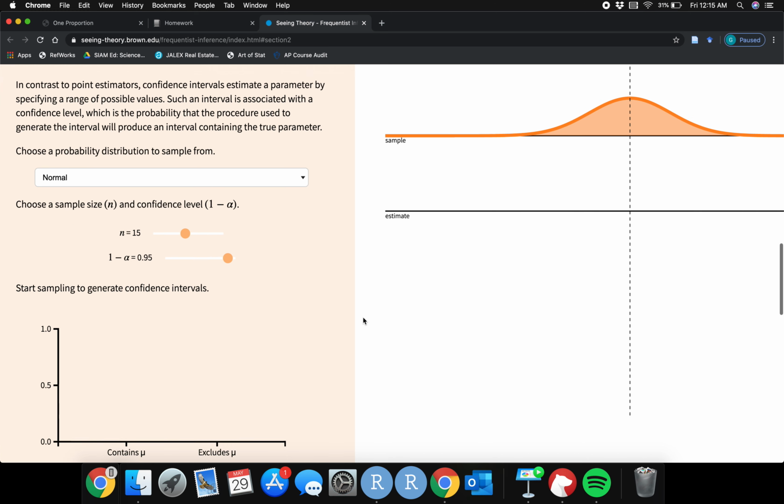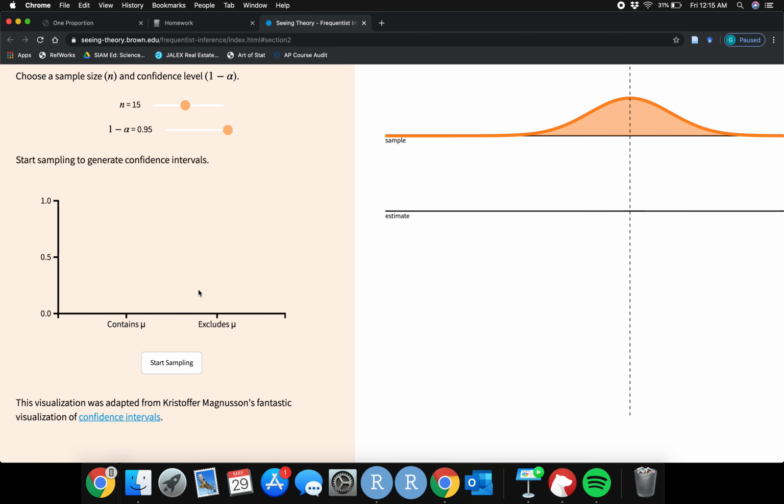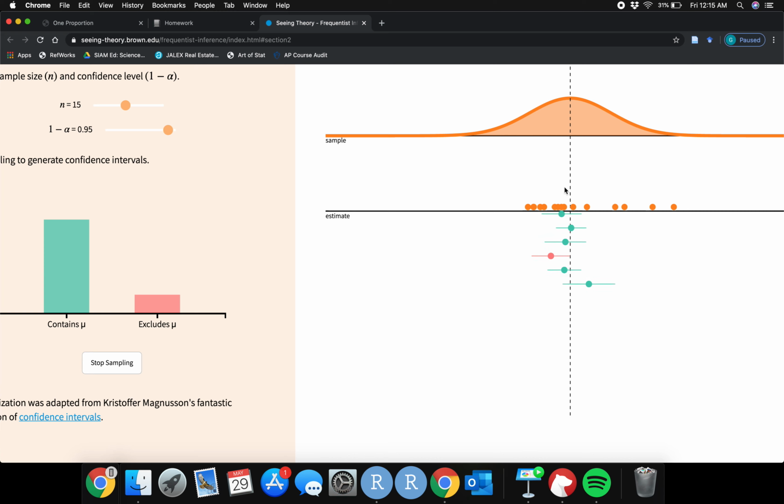So I'm going to start sampling. Over here, it's going to give you a bar chart of what proportion actually contain the truth. When I start sampling, they're going to pull down numbers. They sample and then they create an interval. And you'll see as you go along, each interval is different.